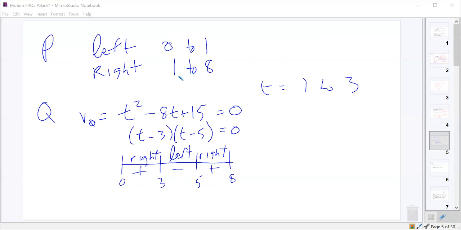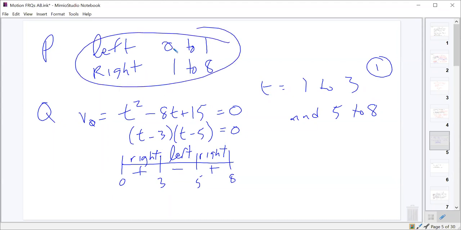But from 5 to 8, they're both moving to the right. So from t equals 1 to t equals 3, and from t equals 5 to t equals 8. And they gave you 2 points for that: 1 for having the intervals and 1 for some analysis. All this work right here is worth 1 point as well, to show when it's moving left and when it's moving right.